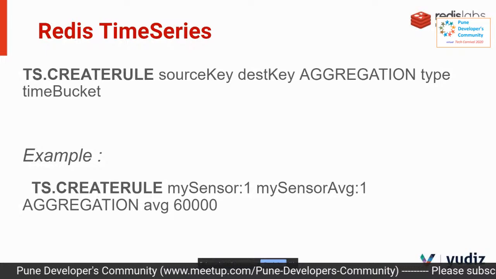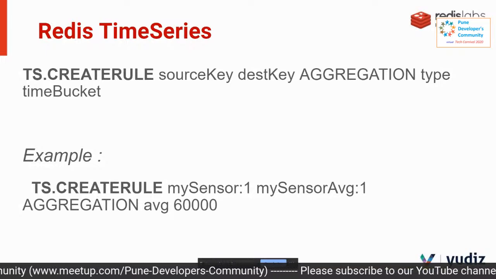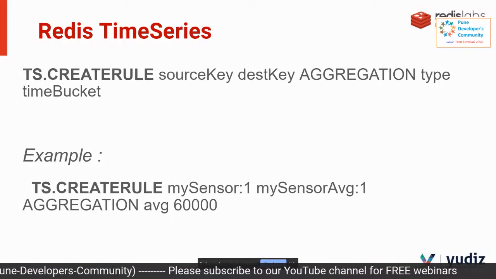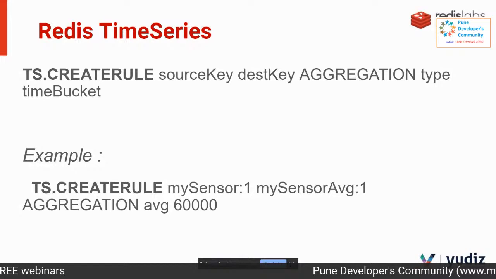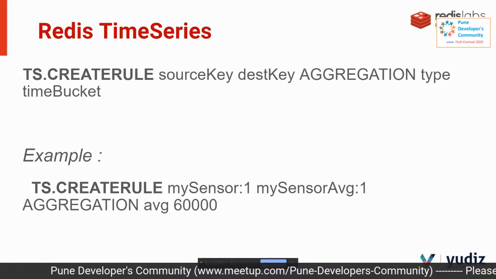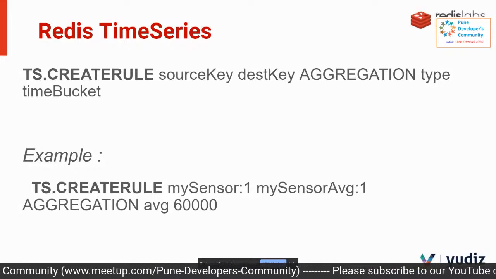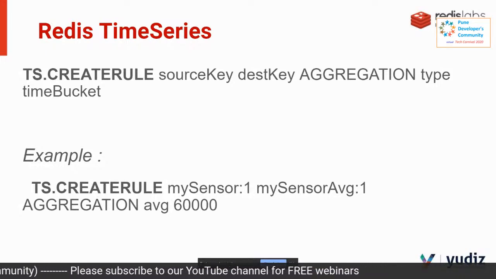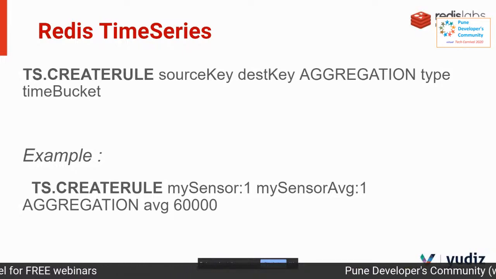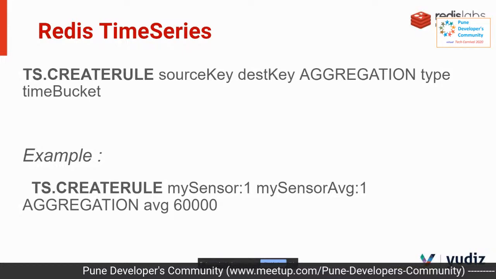Here is my source key, here is my destination key, and we can provide aggregation of average and the time bucket. For this time bucket, all the data will be stored. But as we have not added much data, there will be no data right now.